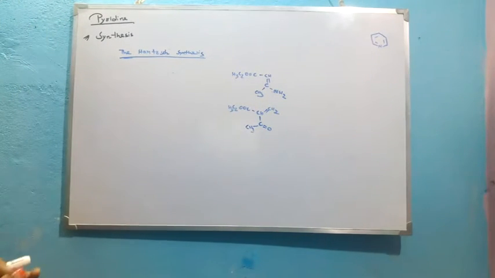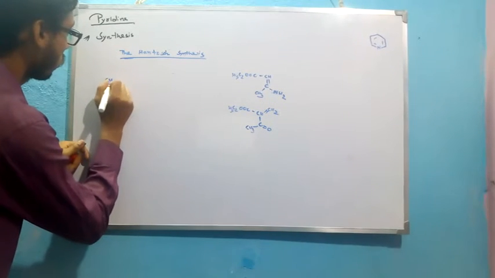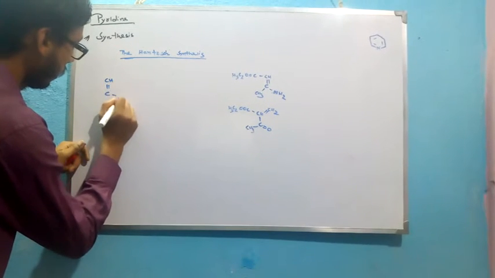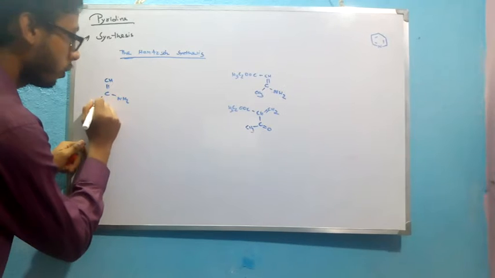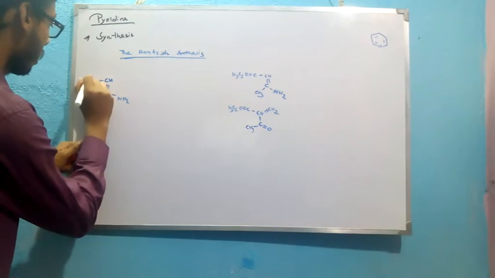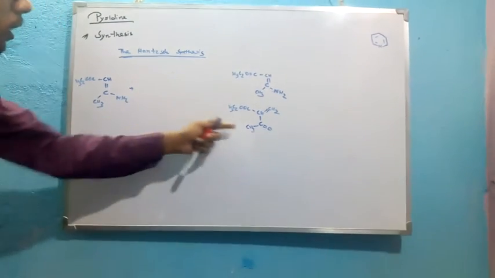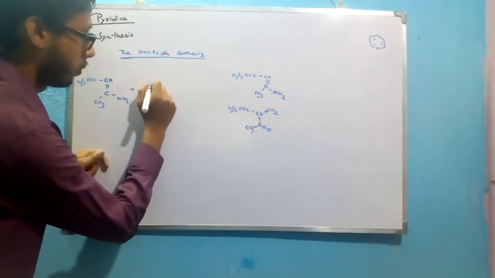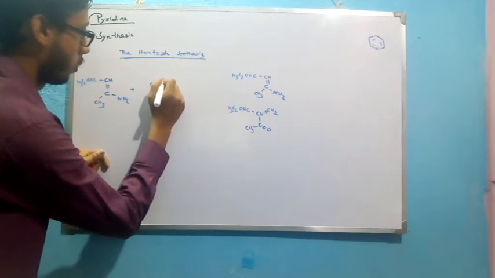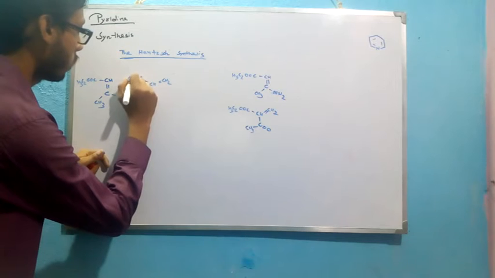In the start we obtain the first compound, the amino derivative of acetoacetate ester, which reacts with the alkylidene derivative of the acetoacetate ester.